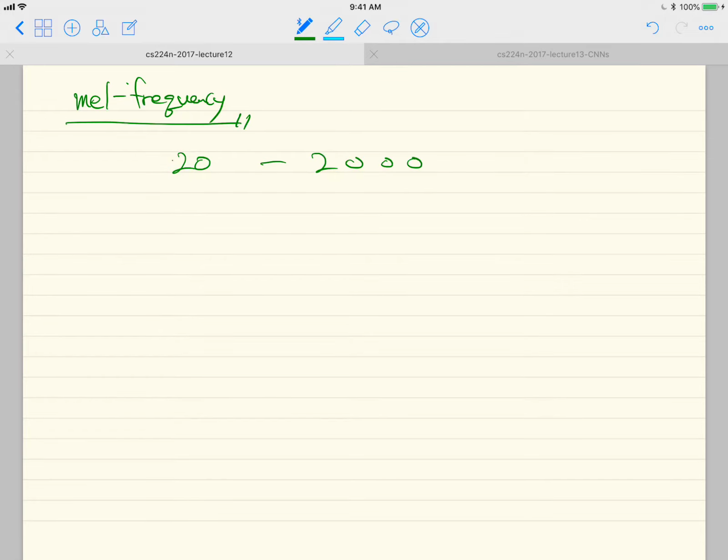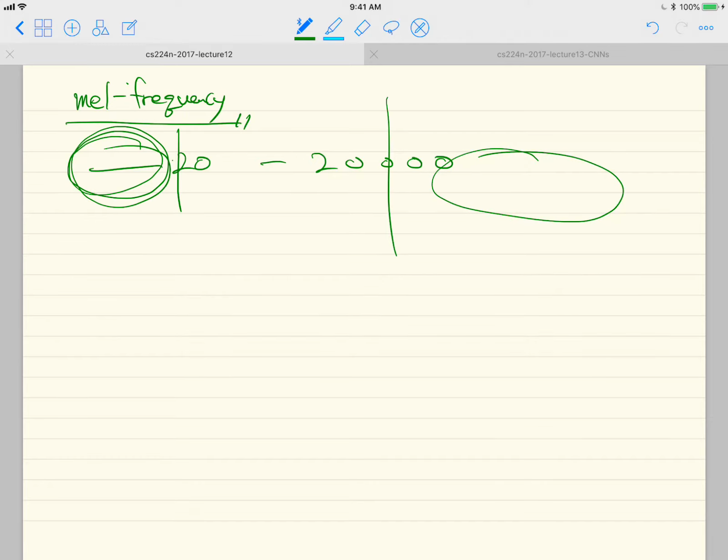Okay, great, 20,000. So this MEL frequency means we don't actually extract the frequency component below 20 or greater than 20,000, because that signal is not going to be heard by humans.